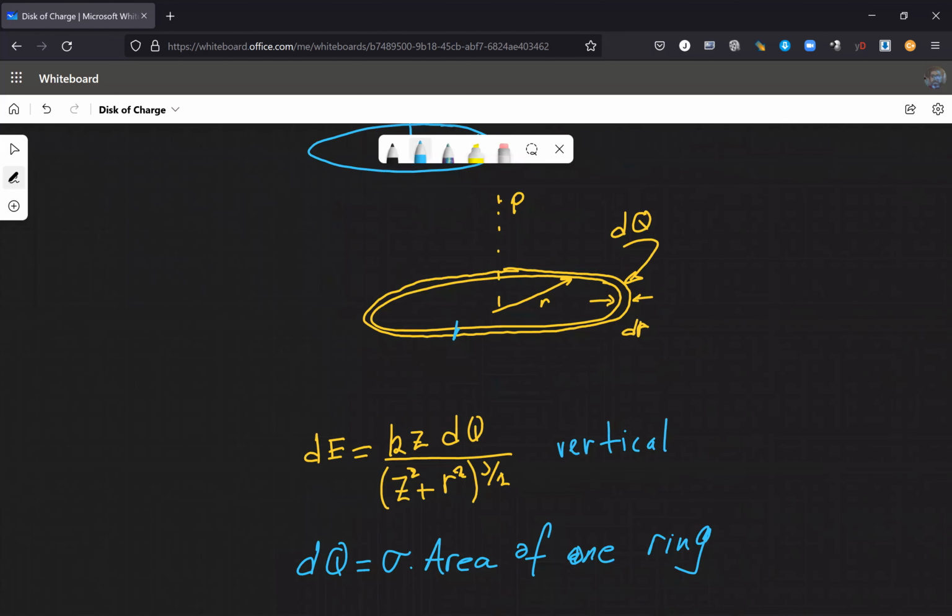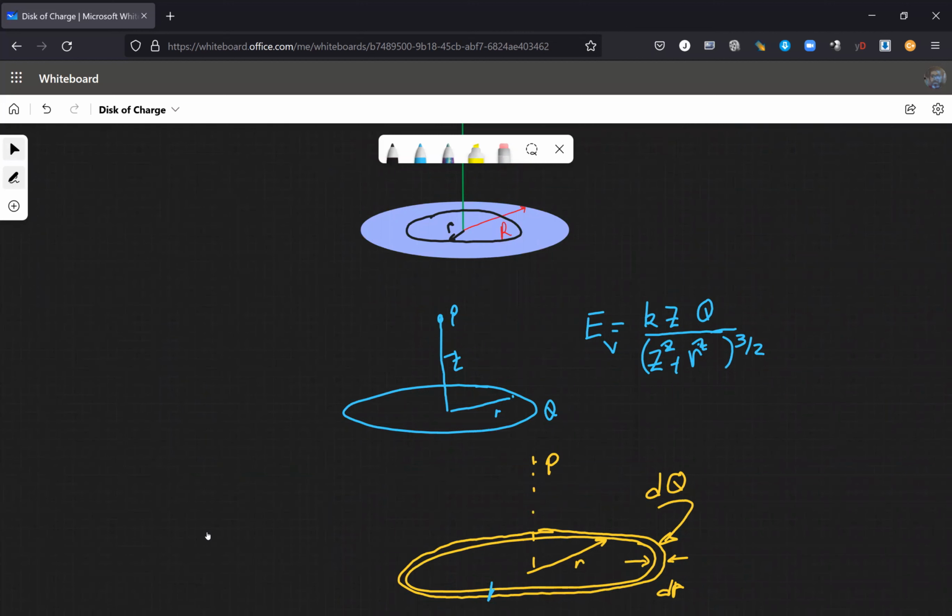We don't start with this result, but instead break up the disk into little area elements, and then add them all together across the radius and going in a circle. So look out for a video like this. That is more basic than this one, because this one depends on a result that was done in a previous video. If we didn't do that result, then we could not have done this.